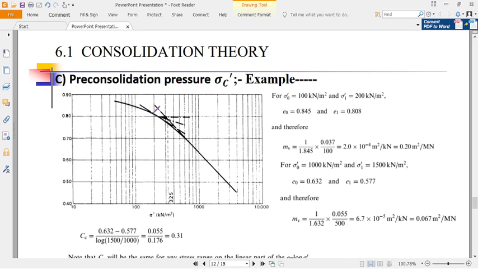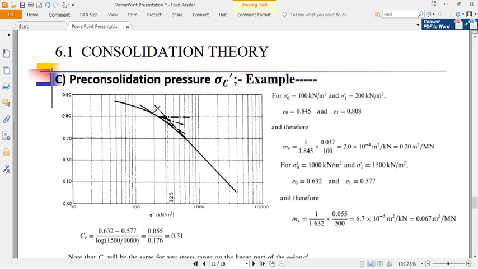Then you come to 200, which is this point here, and you get this other reading, which is about 8.8.